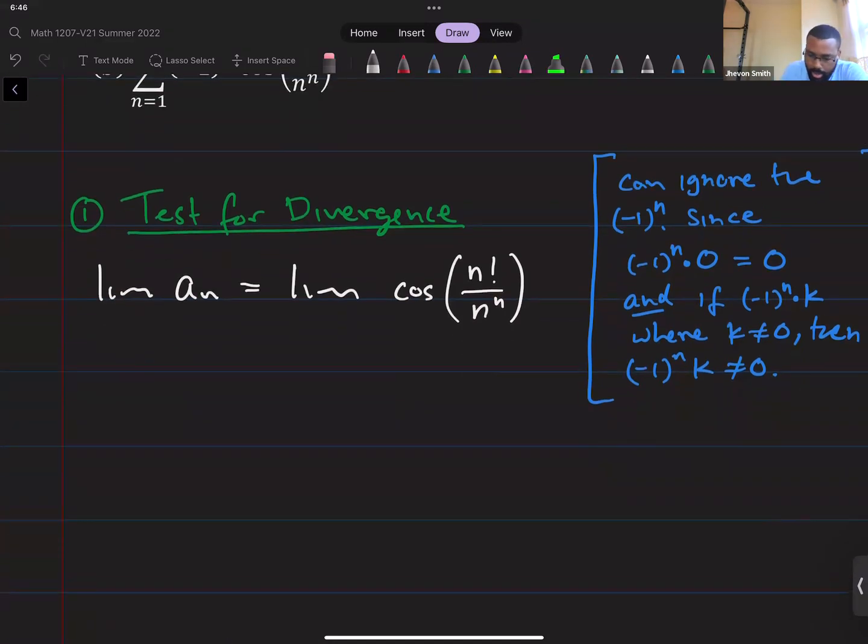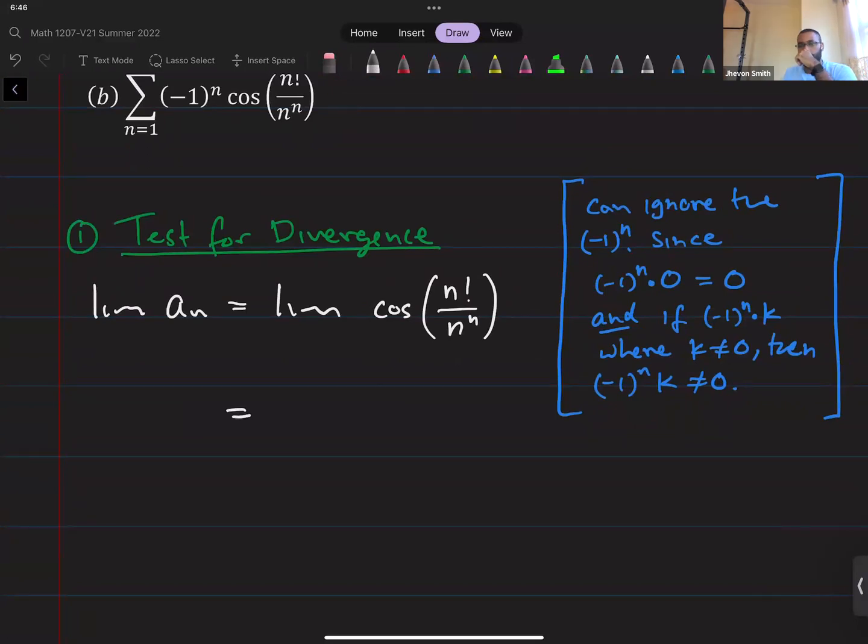Now, what is this limit? Any ideas? I'll give you a hint.